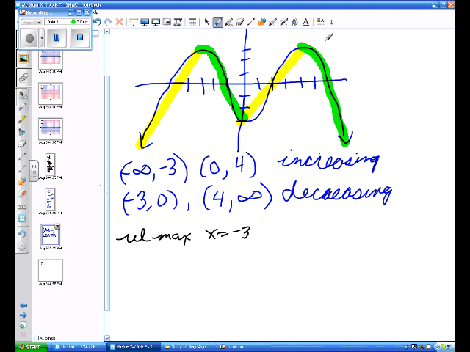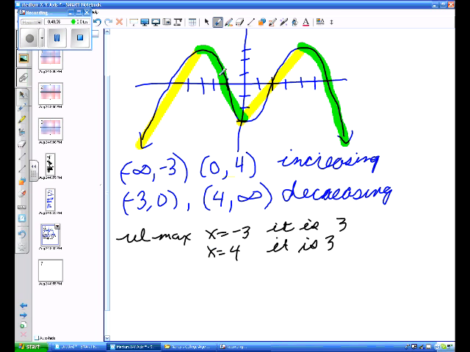We also have a relative maximum here where we changed from increasing to decreasing. And so we also have a relative maximum at x equals 4. Now, at -3, our relative maximum is 3. At 4, it's also 3.